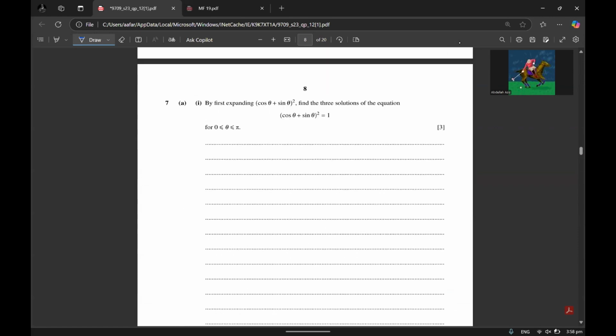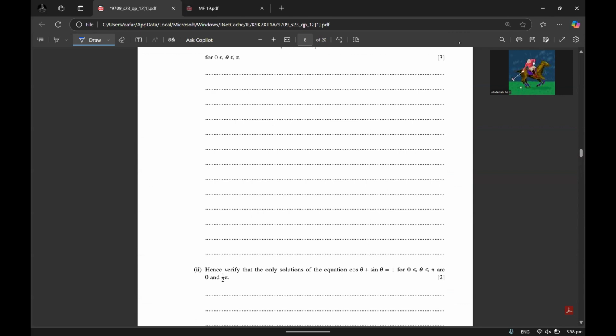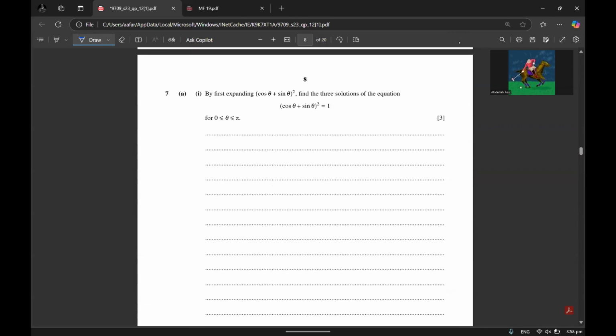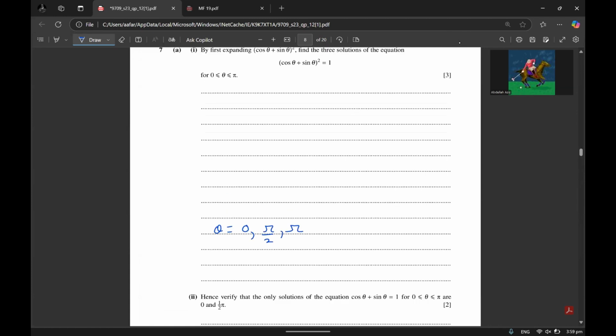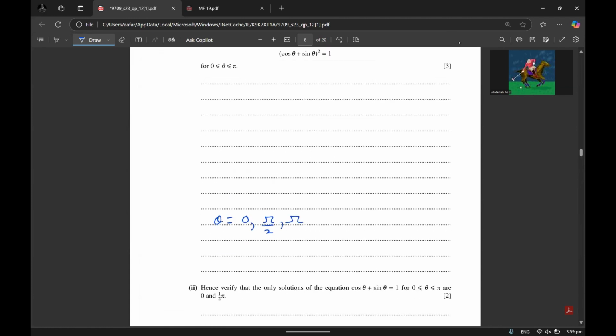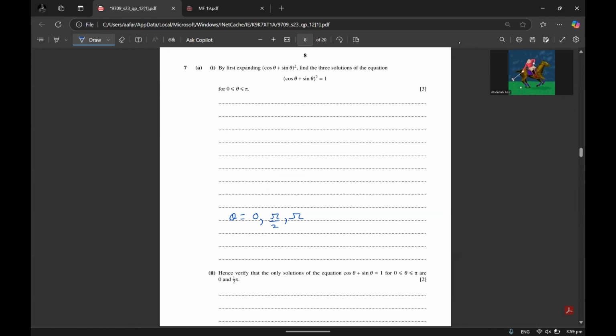Hence verify that the only solutions of the equation are positive. So for this, we found that cos theta plus sin theta had solutions theta equal to 0, pi over 2, and pi. So basically, this equation has these three solutions only. When they've asked us to verify that only these two solutions are true for this domain, we first see that cos theta plus sin theta whole square was 1.